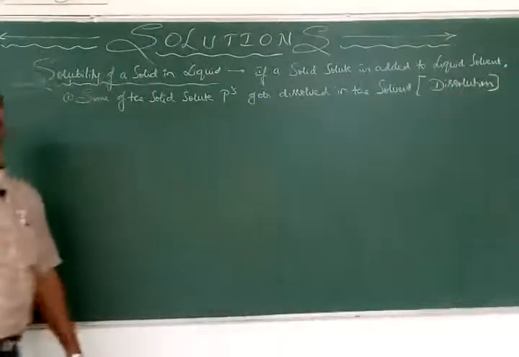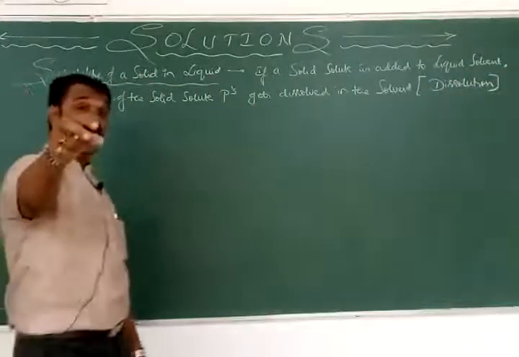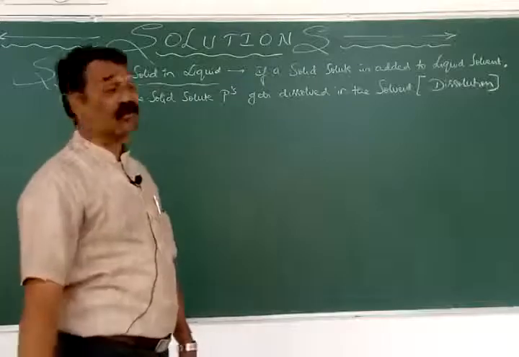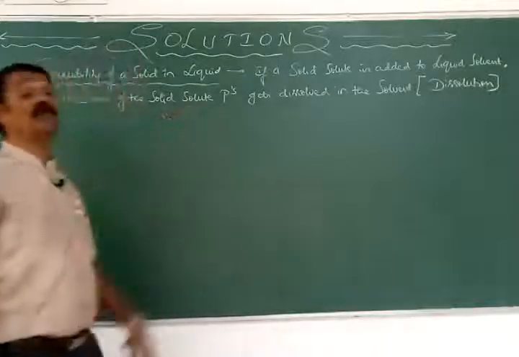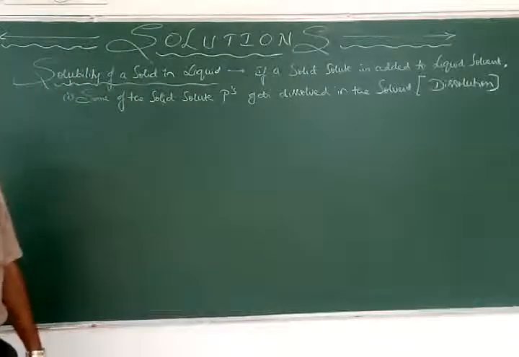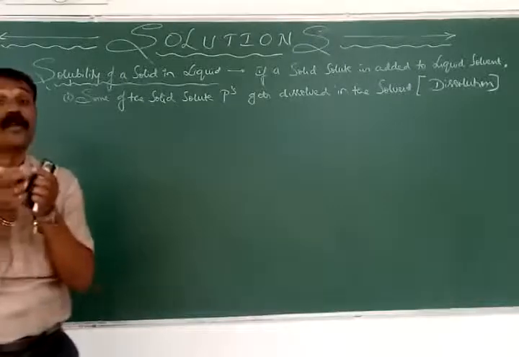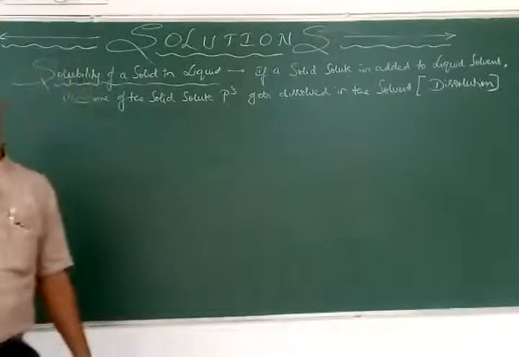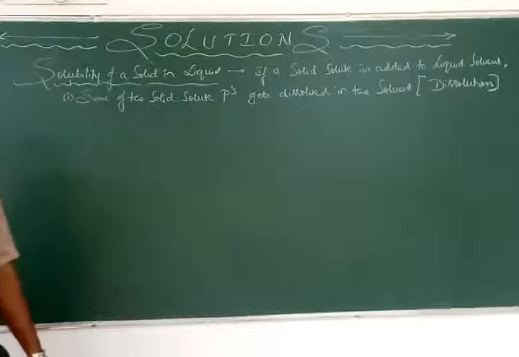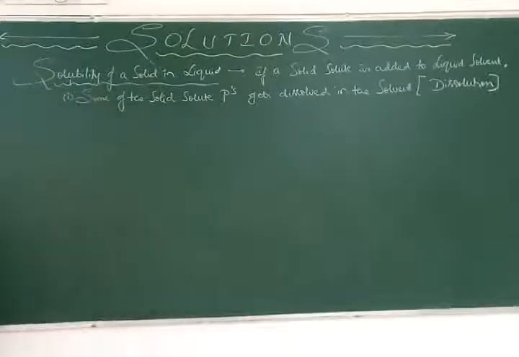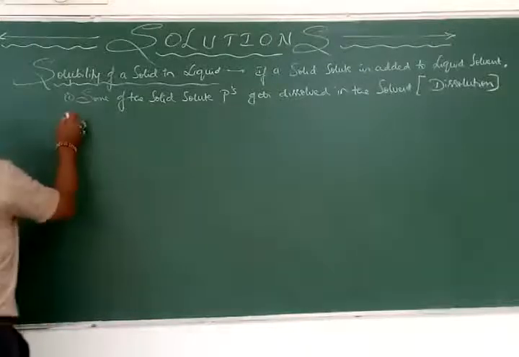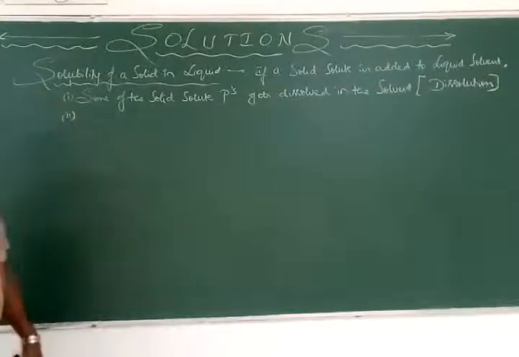That is the first thing that we observe. When a solid solute is added to the liquid solvent, the solid solute particles slowly get dissolved in the liquid solvent. This process is the dissolution. After that, what happens?